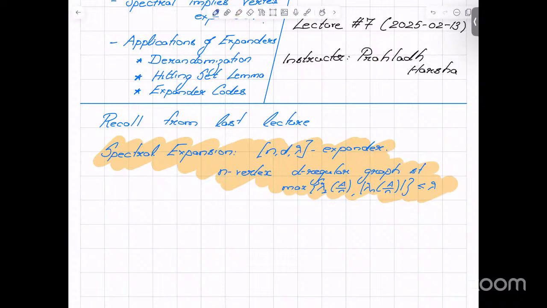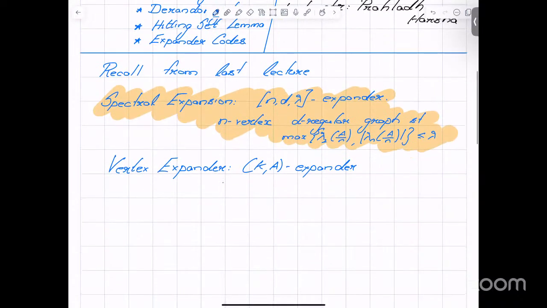And we had also defined vertex expanders, where a graph is a (K, A) expander. K is some number between 1 and the number of vertices, and A is a real number greater than 1.